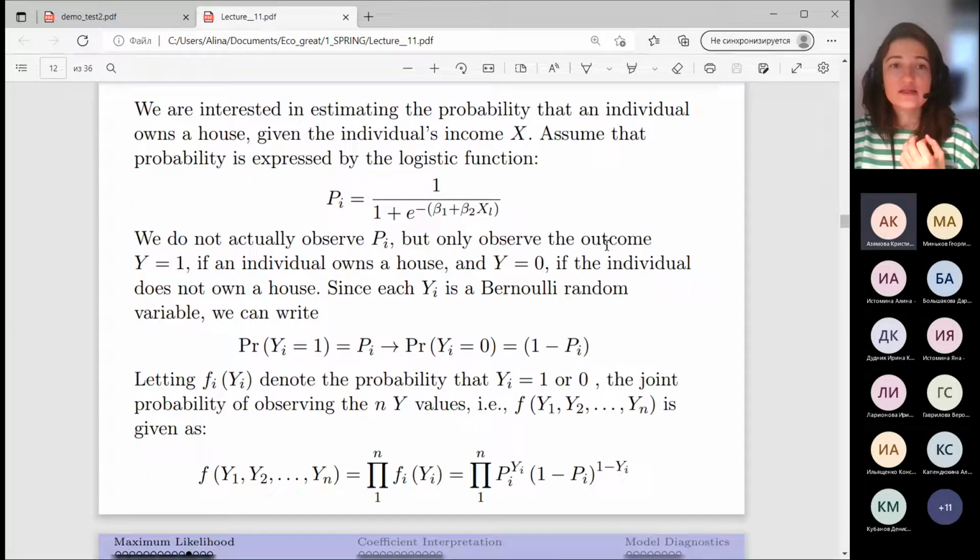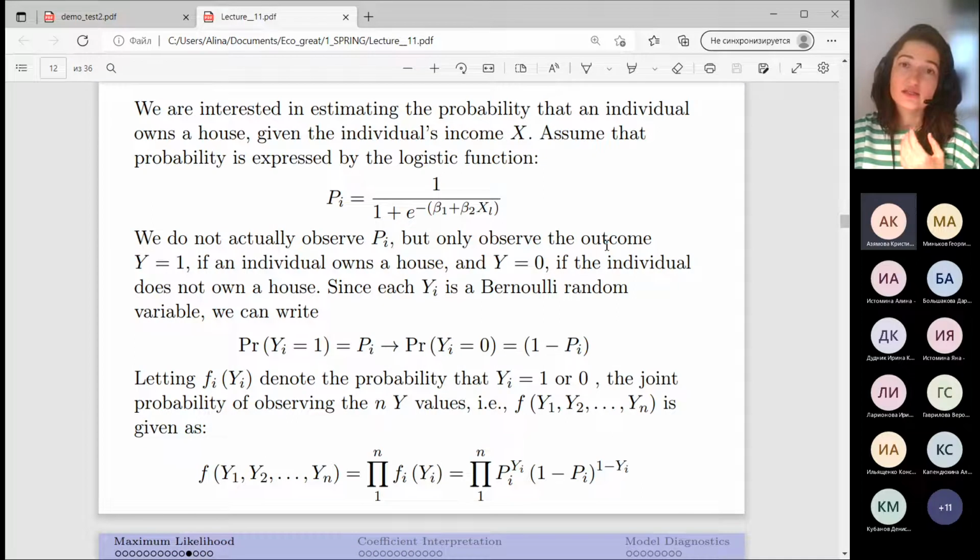Let's say that this task is very close to our research. Let's say that we want to find the probability that some individual, some respondent, owns a house. We use the simple regression and we have only one explanatory variable, and this is the individual's income. This is our X. So we need to make only one assumption, about the probability distribution of our error term.